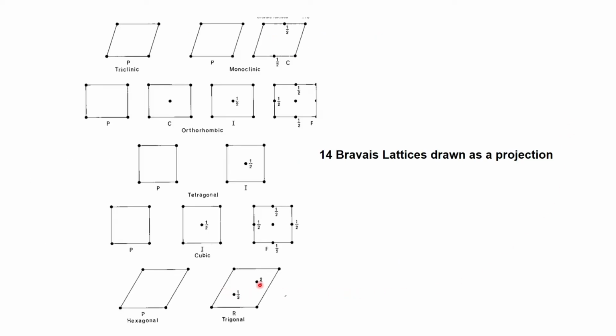So, there is a 1/3 and a 2/3 3-fold rotation that is present in a rhombohedral system. So, there is a 3-fold axis which goes along the diagonal. If you take a rhombohedral system and put it along the diagonal and rotate it in such a way that the angle becomes 90 degrees, we will have a cubic system, A equals B equals C, alpha, beta, gamma are 90 degrees.